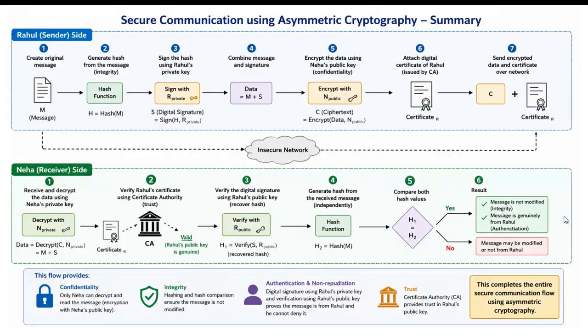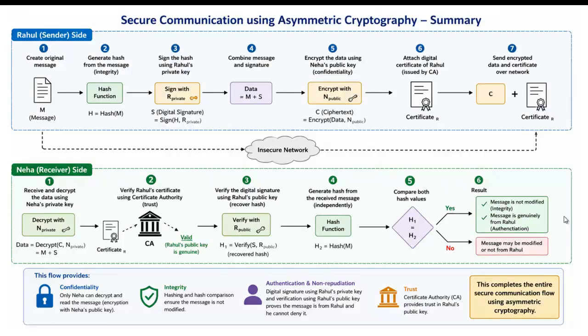At Neha's side, she first decrypts the data using her private key. So Neha receives data equal to M plus S. Then Neha verifies the certificate using the certificate authority to confirm that Rahul's public key is genuine. After that, Neha verifies the digital signature using Rahul's public key and recovers the hash value from the signature.